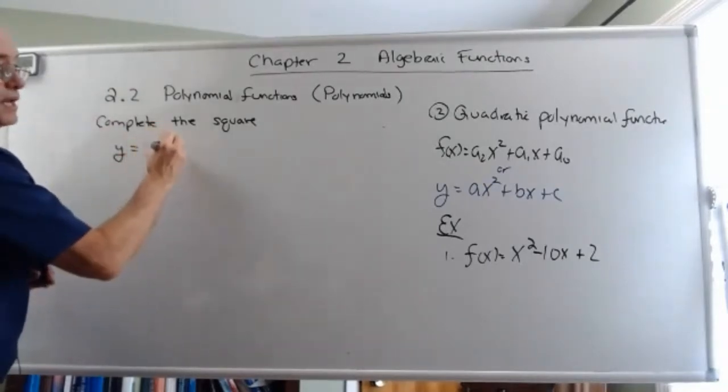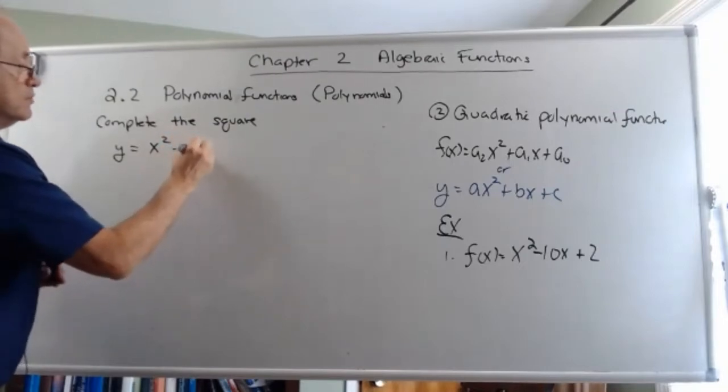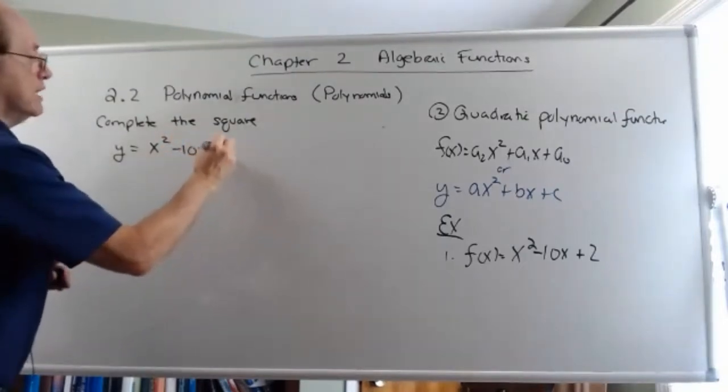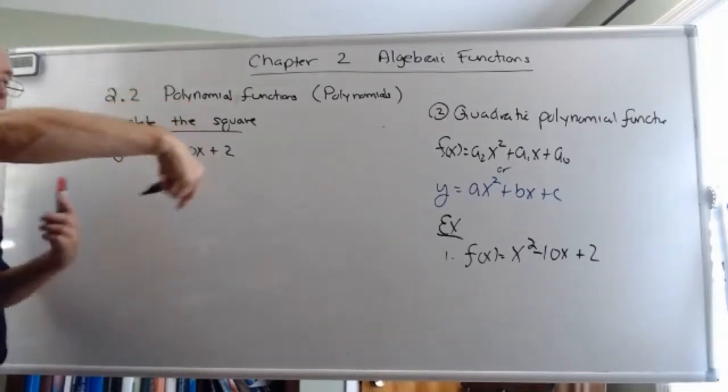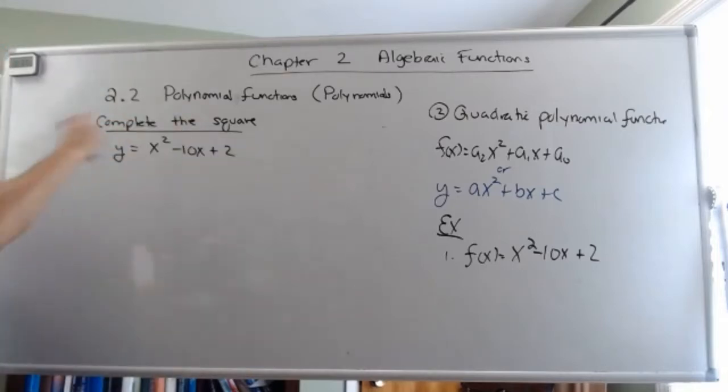Stop yourself from doing that. Because this is no longer the inverse, we're just trying to graph this function. So here, I'm going to complete the square of this. Completing the square does not involve swapping x for y. That's just rotating about the line y equals x to get the inverse function, but that's not what we're looking for.